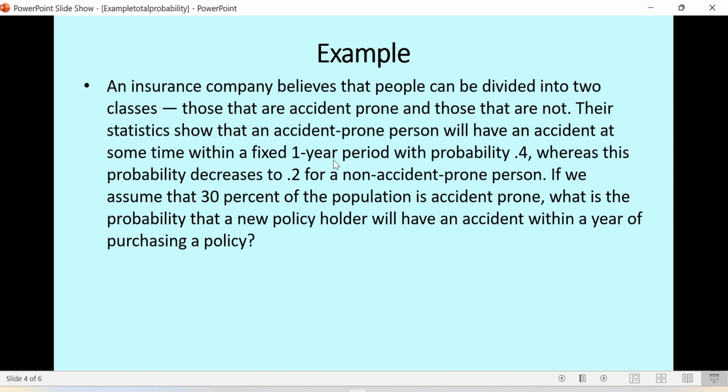We also know the ratio of people who are accident prone or not, 30% and 70%. And if the person is accident prone, then he will have an accident with probability 0.4 in the next year. So this is the conditional probability given that he is accident prone, right?